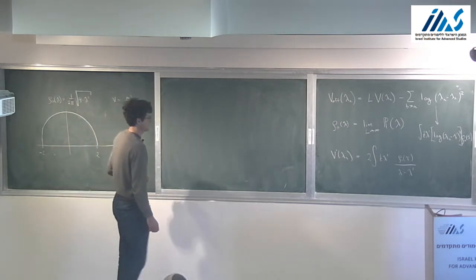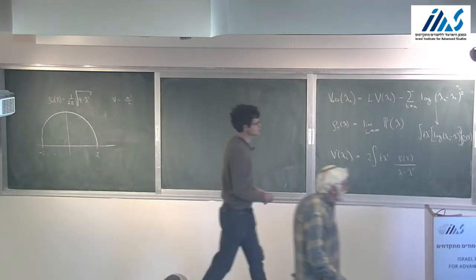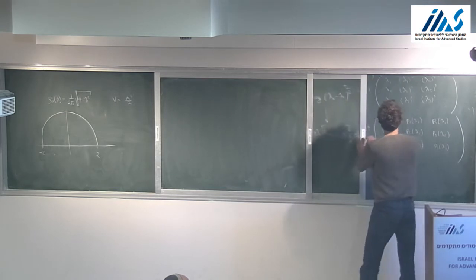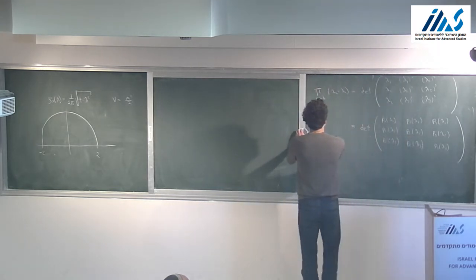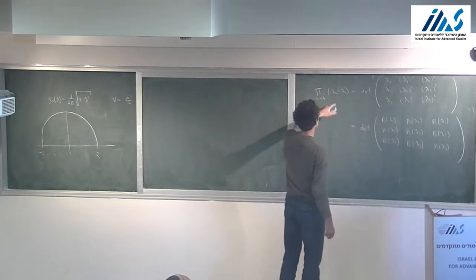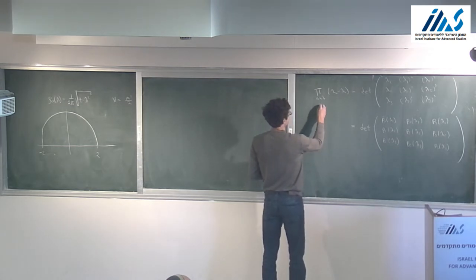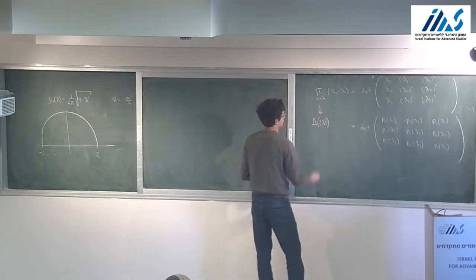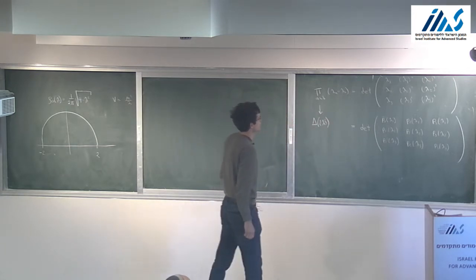A useful first step in doing this is the following. This expression here is sometimes referred to as the Vandermonde determinant, delta of the collection of eigenvalues.